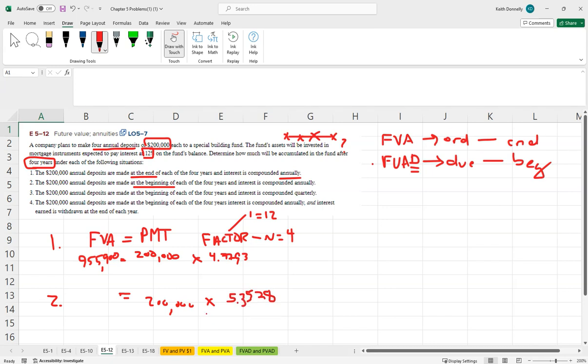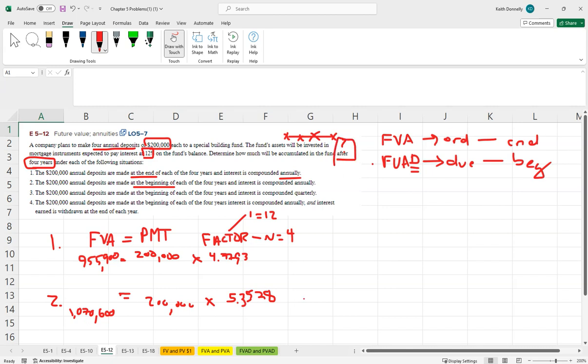Sometimes these mice don't work as much as you'd love them to. So if you take the 200 times the factor there, we're looking at $1,070,600 for what it's worth, right at the end of the item there.